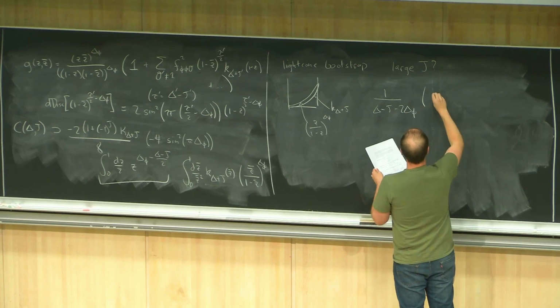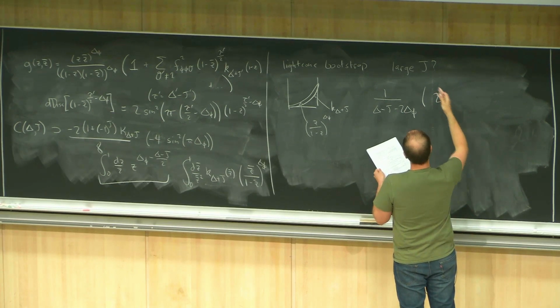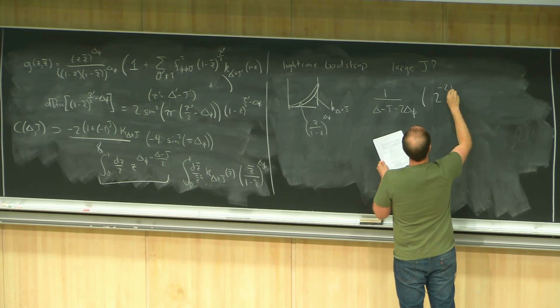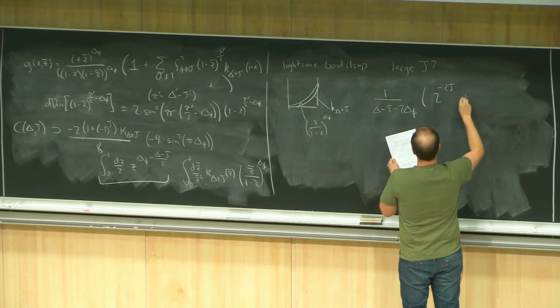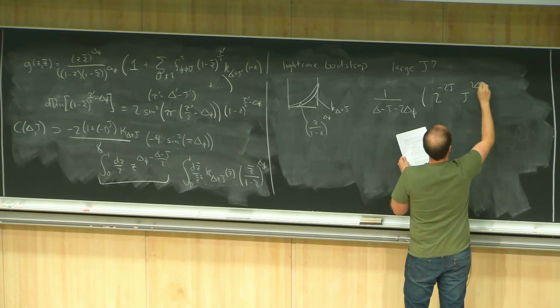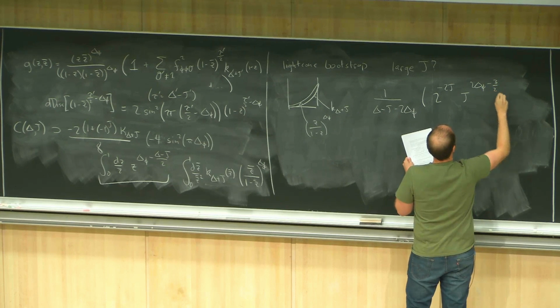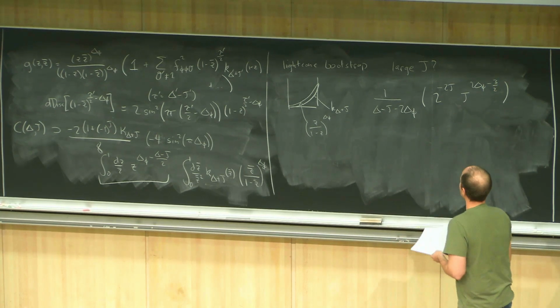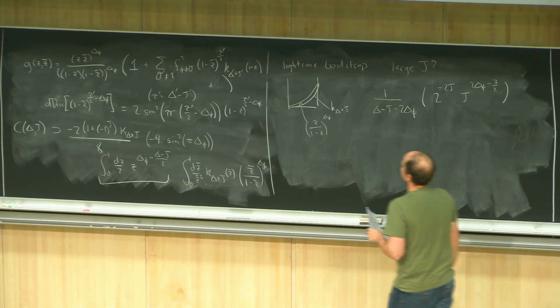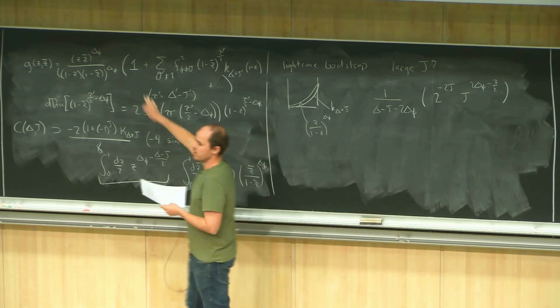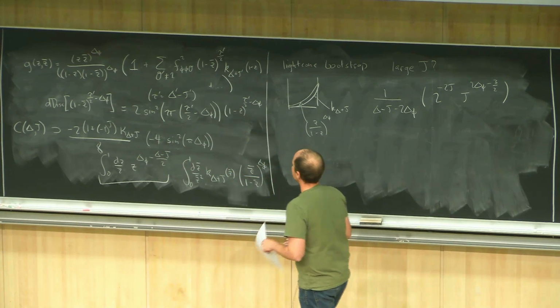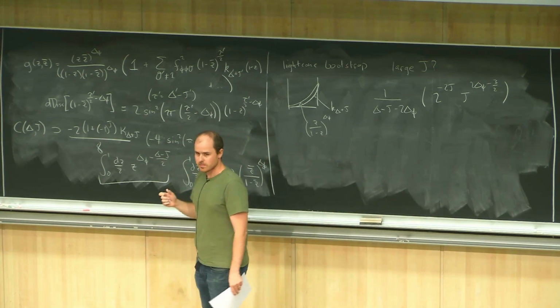And roughly speaking, at large j, it looks something like 2 to the minus 2j, j to the 2 delta phi minus 3 halves. So that's the contribution of the unit operator at large j. And so now we can ask, what about other operators?